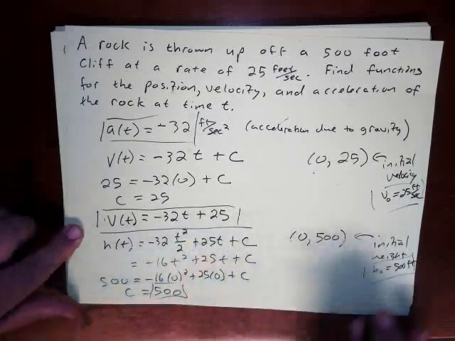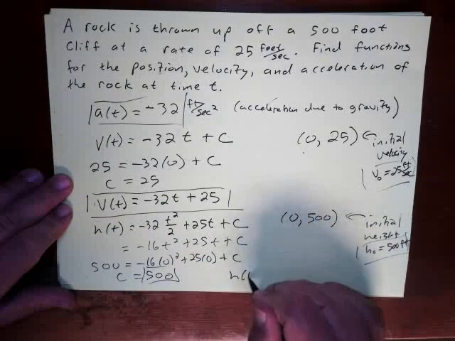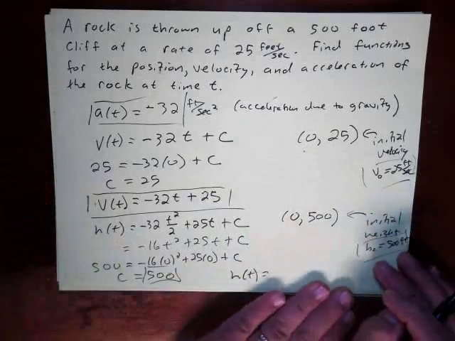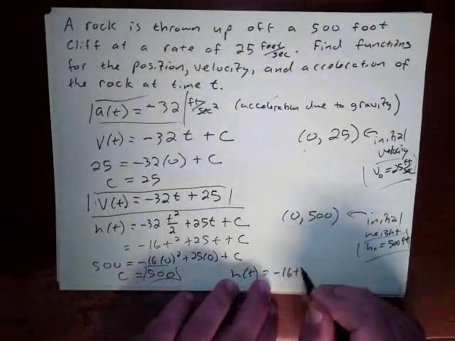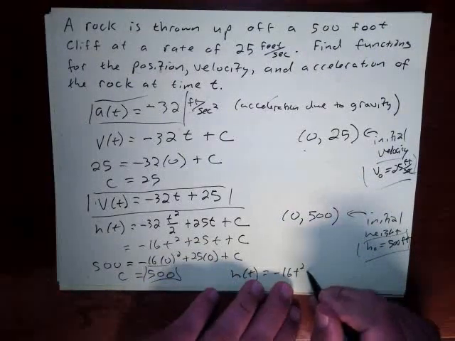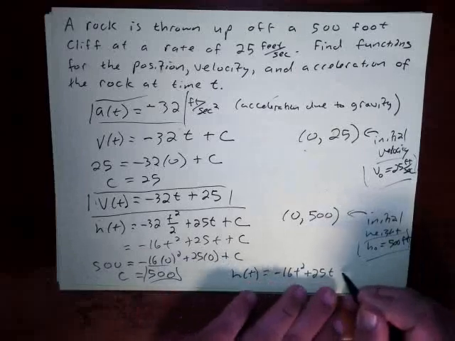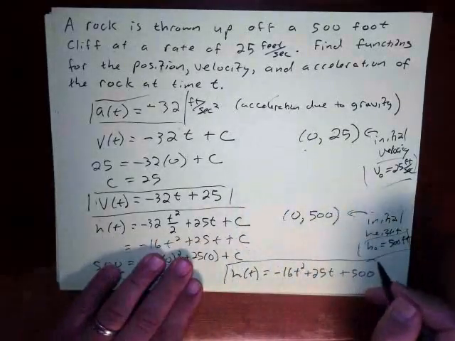That's my initial height. So my final, the specific antiderivative for this initial condition would be negative 16t squared plus 25t plus 500. And so this is what it asked.